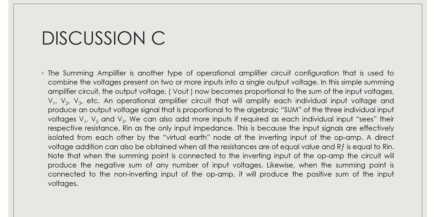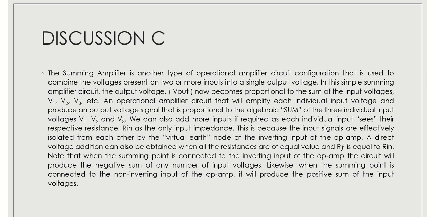We can also add more inputs if required as each individual input sees their respective resistance Rin as the only input dependent. This is because the input signals are effectively isolated from each other by the virtual earth node at the inverting input of the op-amp.